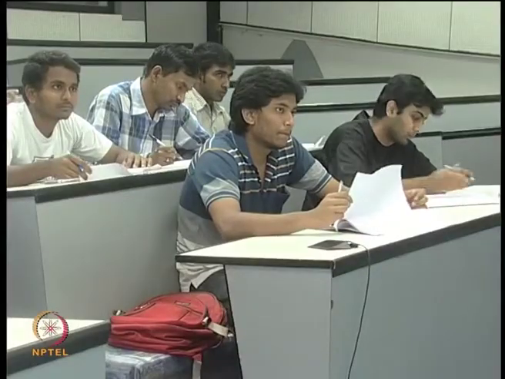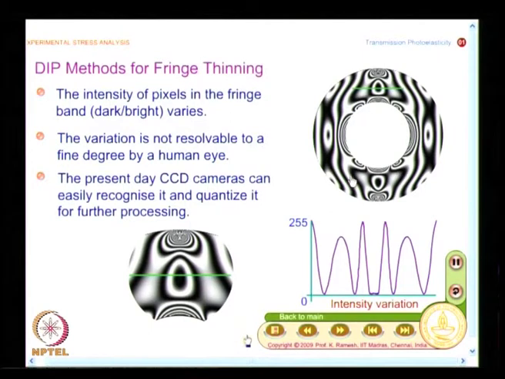Now, what we are going to look at is a very simple digital photoelastic technique, where we mimic what we have been doing manually earlier. We will identify the fringe skeleton, that is what we are going to look at. And what you have here is the problem of a ring under diametric compression.